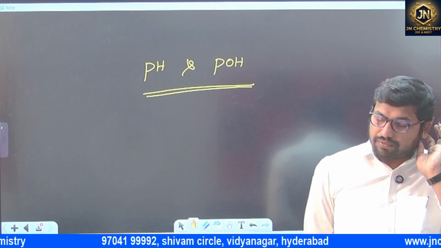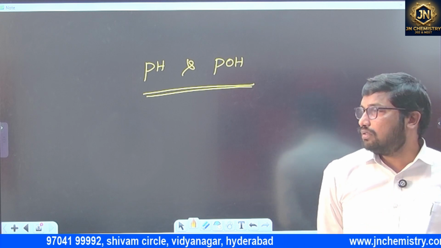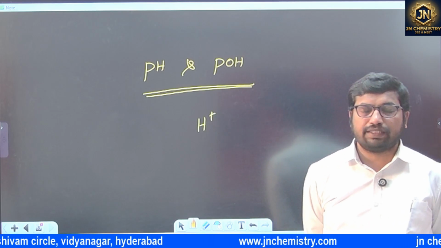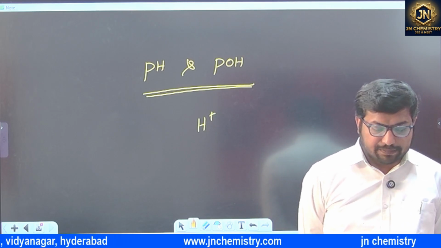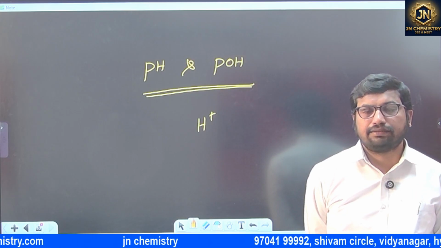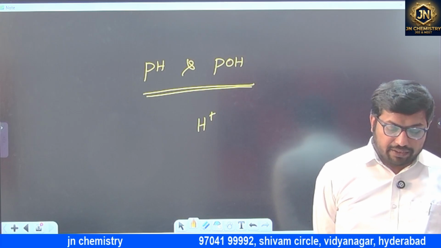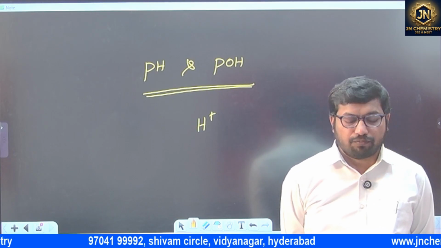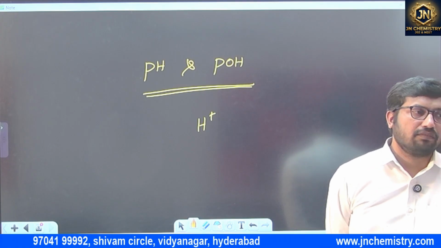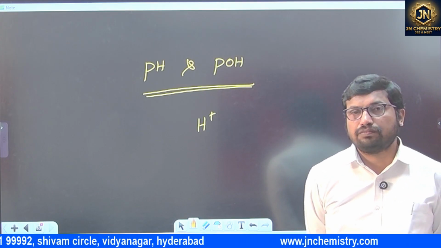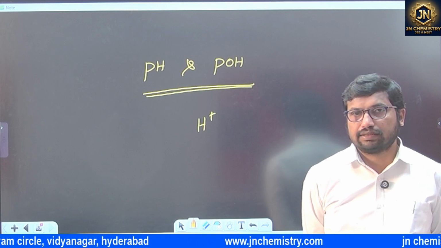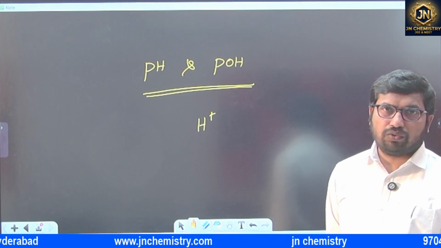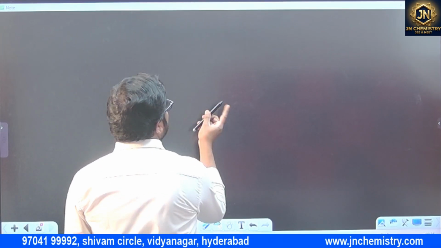The concentration of H plus ion is expressed in terms of negative power of 10, and the numerical value of that negative power is known as pH.